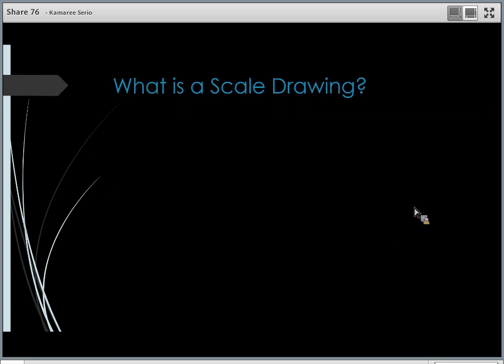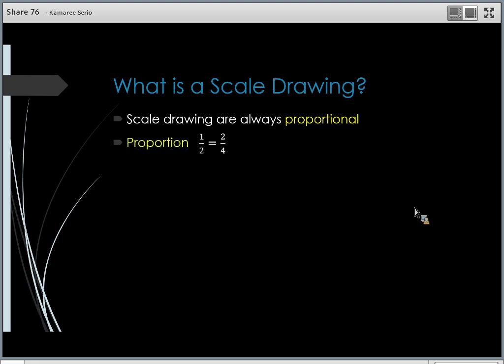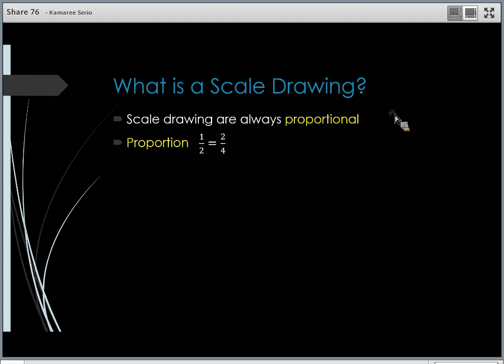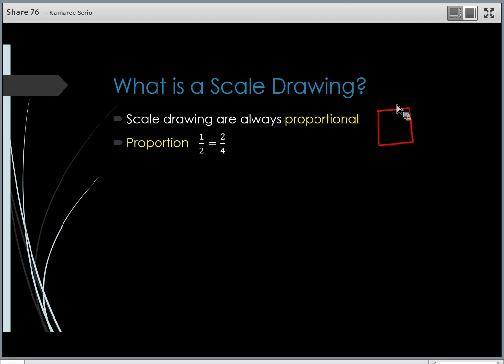So first thing is, well, what is a scale drawing? Scale drawings are always proportional. Remember that a proportion is two fractions that are equal to each other. So say I had a square, or technically this is a rectangle.